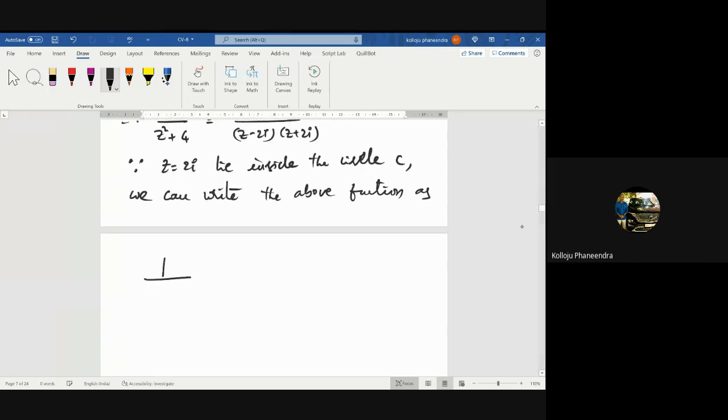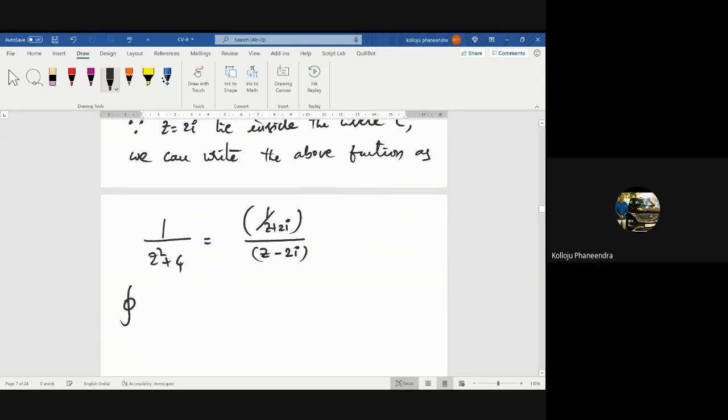This is very important: 1 by z square plus 4 is equal to, since only 2i is the singularity lying inside, I will keep z minus 2i in the denominator and take z plus 2i to the numerator. Then the integral over C of 1 by z square plus 4 dz is nothing but what?